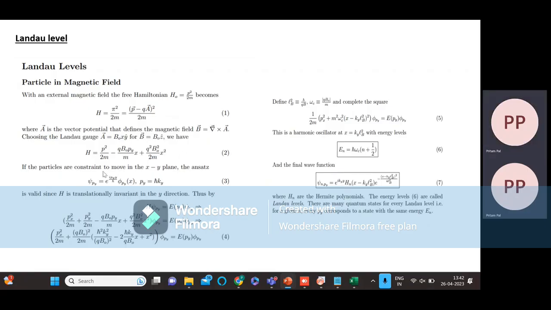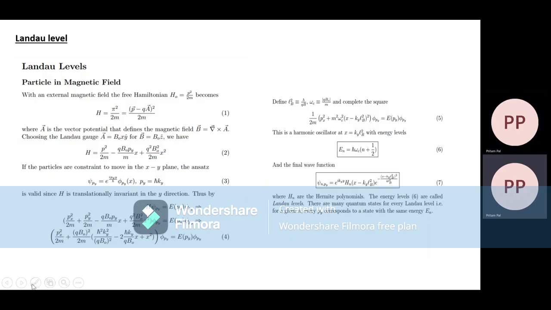Now, if the particle is constrained to move in the XY plane, like the wave function, how will it be, right? So this component is psi of Py. This is based on the gauge, whatever we have chosen, right?